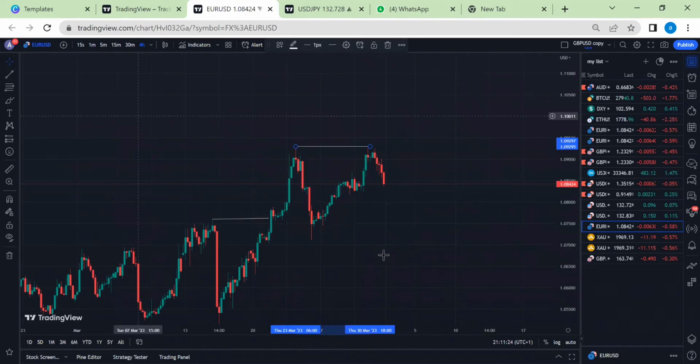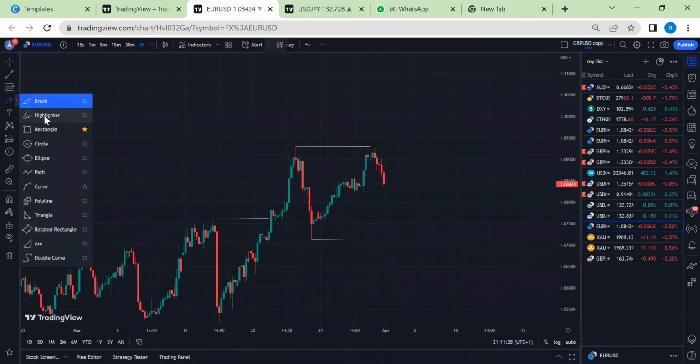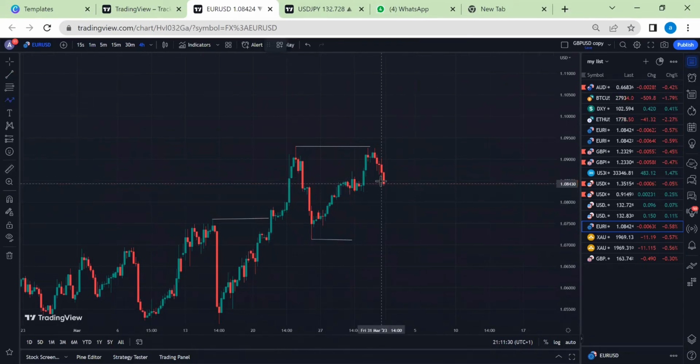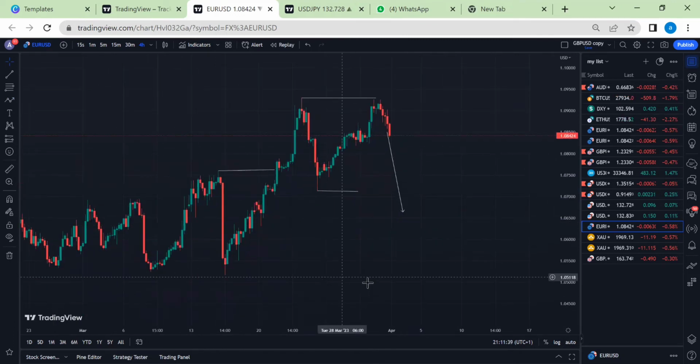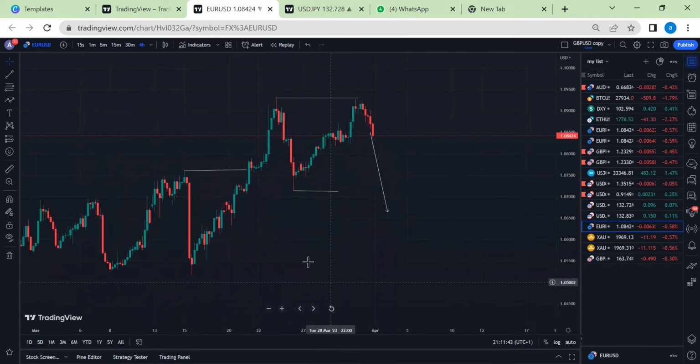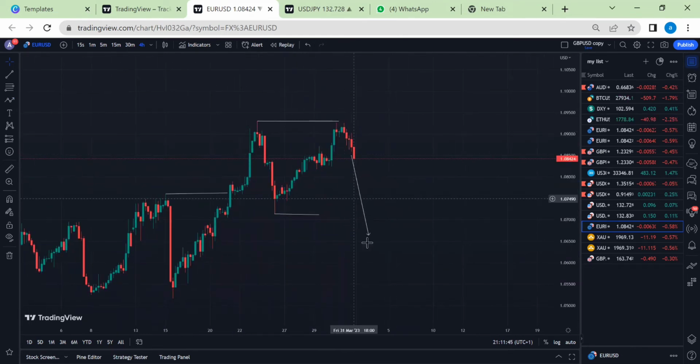If price should proceed down and go below this, then we have a double top pattern. We look to continue the downward movement since our double top is now complete. But that's not what we are here for today.